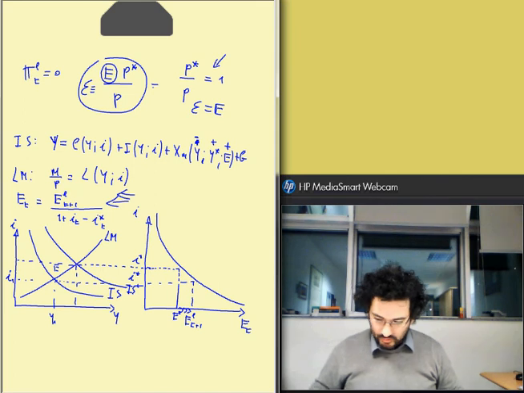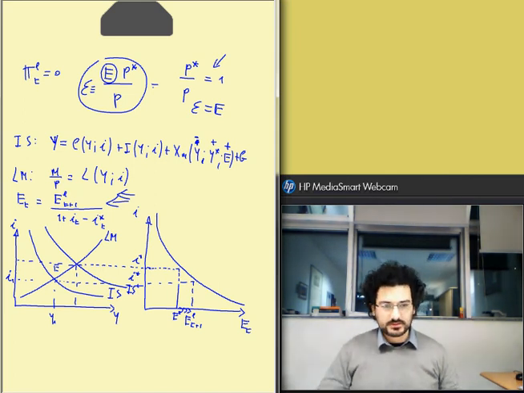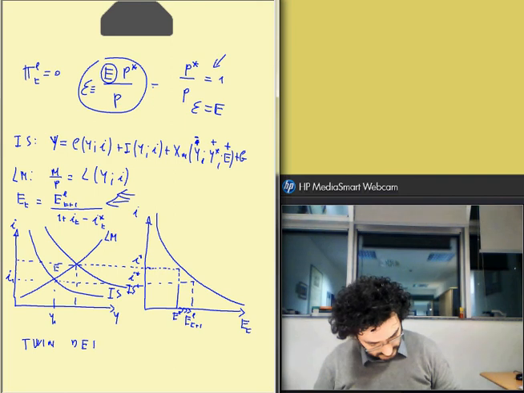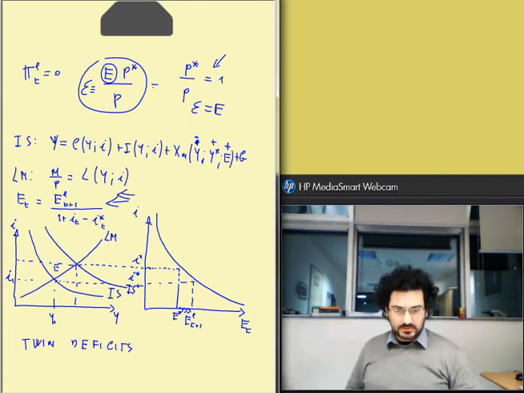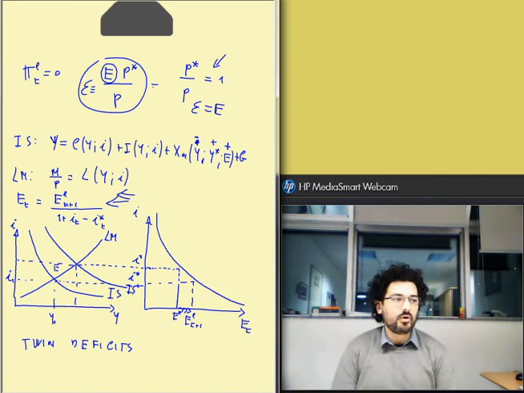This picture shows also that we have the so-called twin deficits, because the increase in government expenditure or the decrease in taxes implies an increase in government deficit.